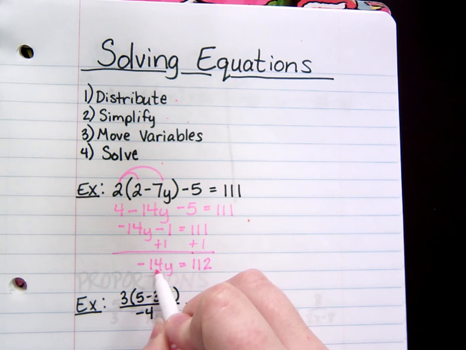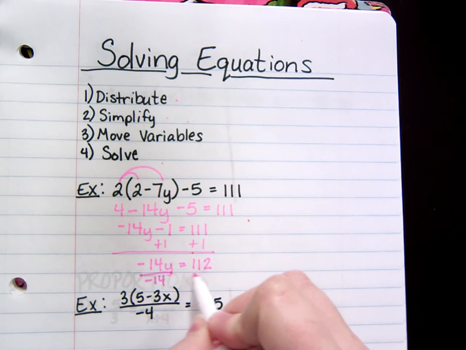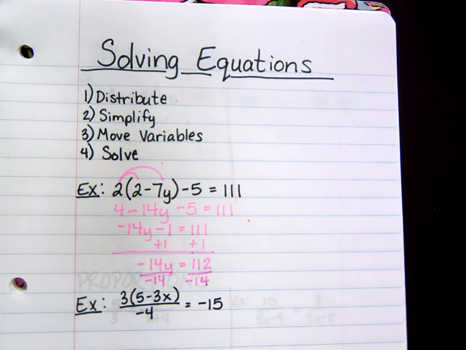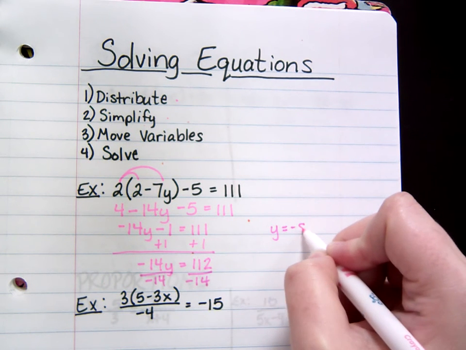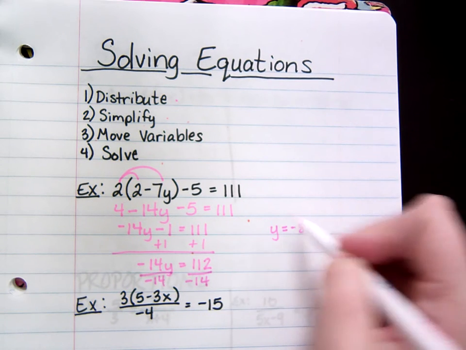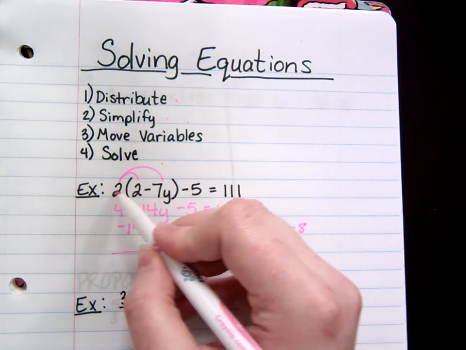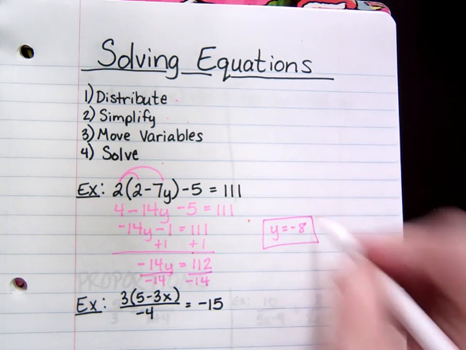But this is negative 14 times y, so you must divide to get your answer. And when you do, you get y equals negative 8. Now you can always check yourself by plugging the negative 8 in up here and seeing if you get 111 as a result.